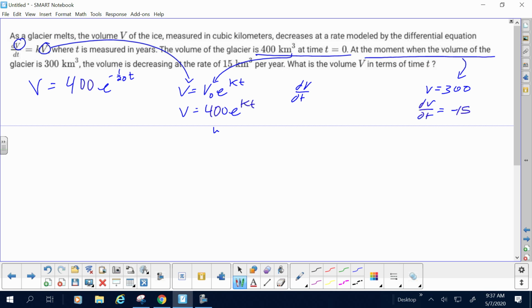I think you'll agree we want k now, yeah? You're not supposed to go here to find it. Go back to this equation and plug in negative 15 and 300. And that's where that came from. And so that's where my answer came from, right?